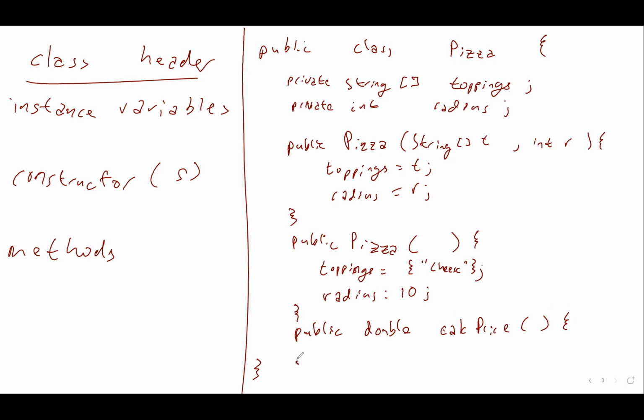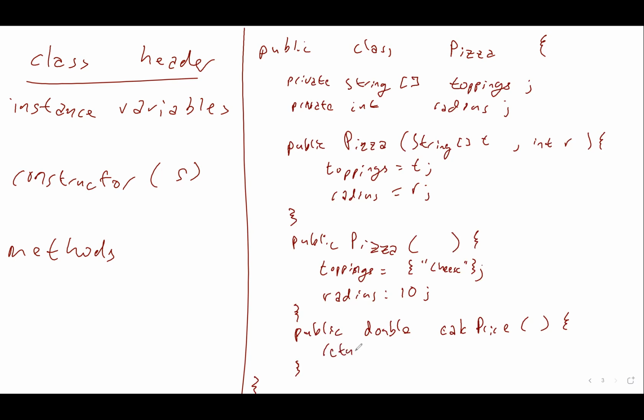And let's just say that the price is a function of the size and how many toppings there are. So let's say number of inches times 2 plus the number of toppings. Say it's $1 per topping. Sure, I don't know how pizzas are priced. I've never worked at a pizzeria, so we're just going to make something up.